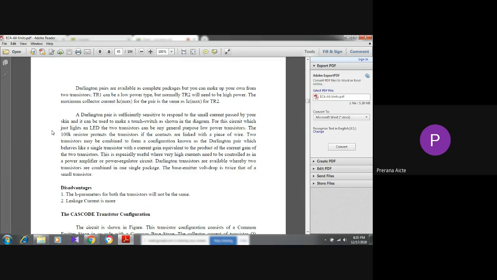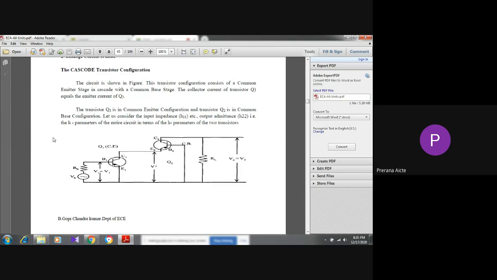Now, next, cascode configuration. Cascode means the first stage is common emitter and the second stage is common base. Just see this figure and go through those points.